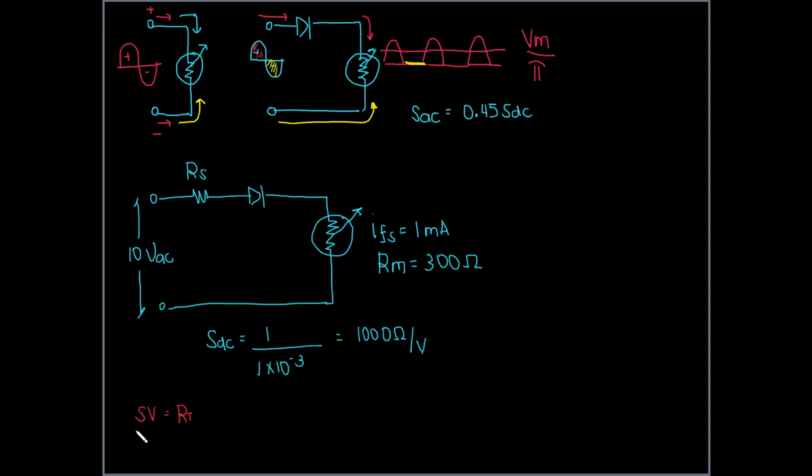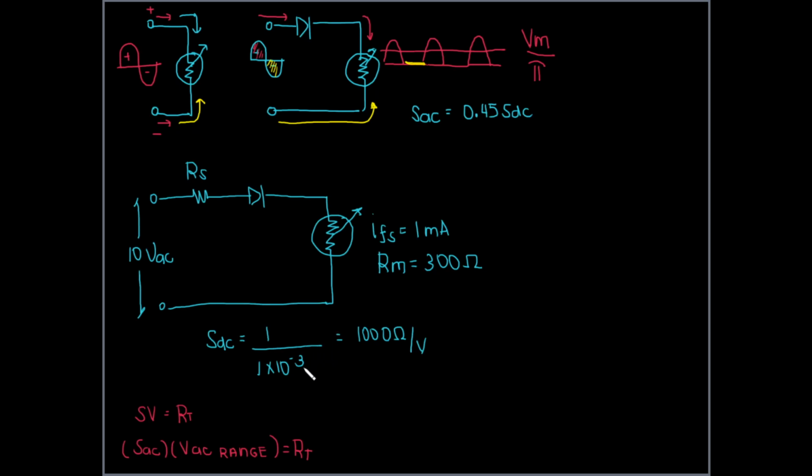Sensitivity is 1 over current, so voltage divided by current is resistance. So if we put that in AC terms, SAC multiplied by VAC range, this is now the range of your AC voltmeter, is simply equal to the total resistance of the circuit.